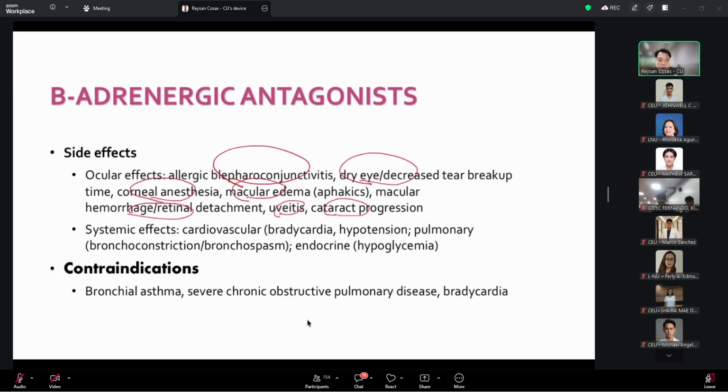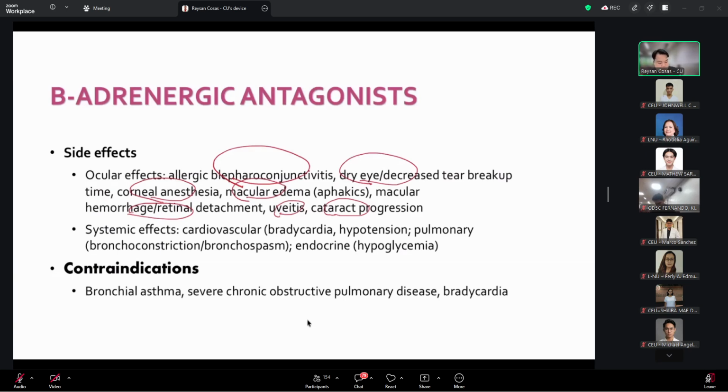So how do we reduce the systemic absorption of the drug? Again, we can occlude the nasolacrimal duct. After administration, you have to tell the patient to occlude the nasolacrimal duct or do simple eyelid closure. This would significantly reduce the systemic side effects of drugs.